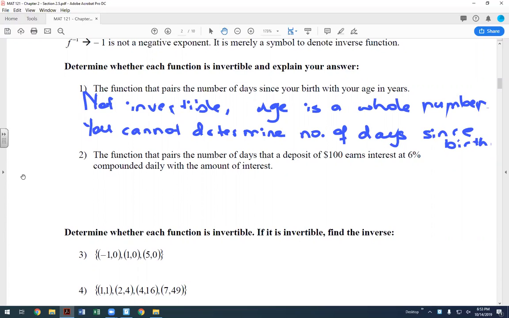If your compounding period was based on weeks or months or years, then the number of days would have no basis on that, right? Because it really depends on what the compounding period is. So since this is compounded daily, then yes, number of days is going to make a huge difference. So in this case, this is an invertible example.